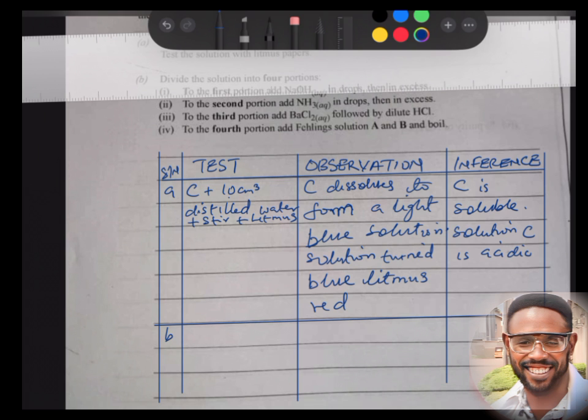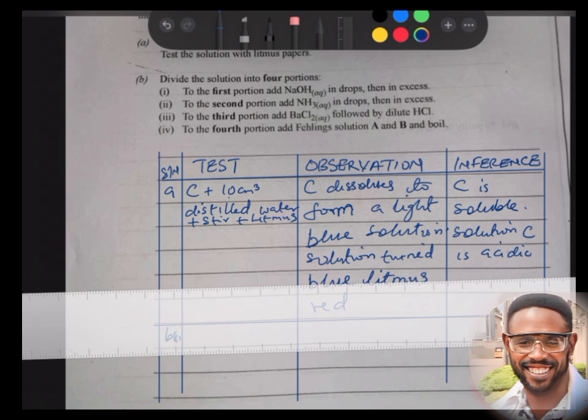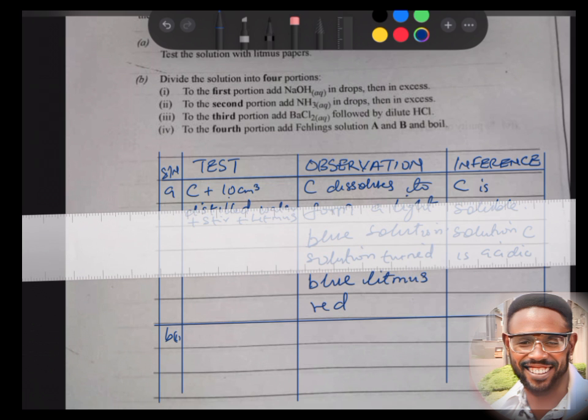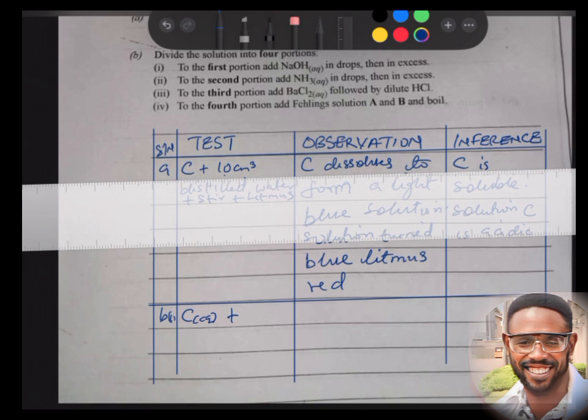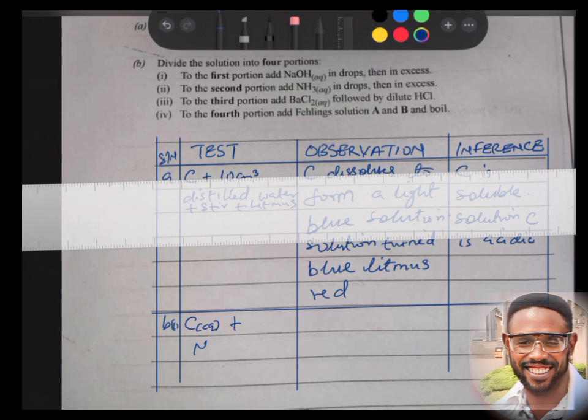Then the B, I said divide into 4 portions. So the first portion, you add sodium hydroxide in drops. So we have the first portion of solution C, or you say C aqueous, plus NaOH aqueous in drops plus excess.